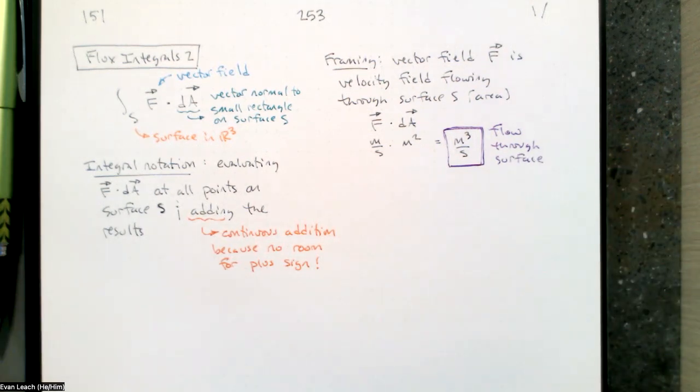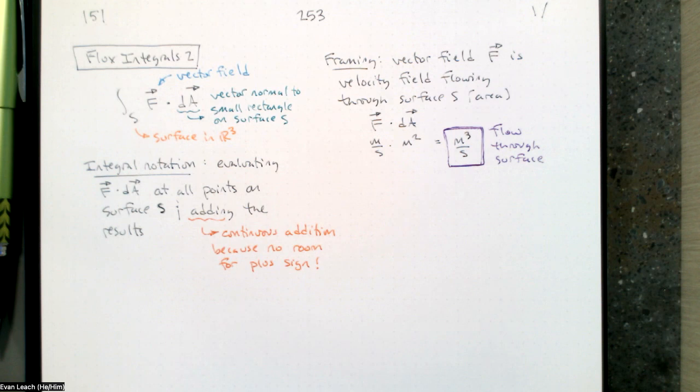Think of how fast the water is going through a pipe times the cross-sectional area of the pipe. That tells us how much water is flowing through. If the water is flowing at 5 meters per second through a pipe that is 1 square meter, we get 5 cubic meters per second.